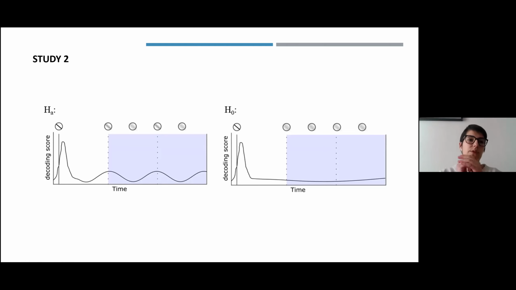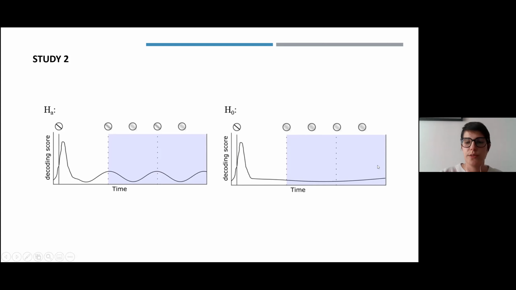And this is our hypothesis for temporal attention, basically related to rhythm temporal attention, compared to when you don't have any, you just wait for the stimulus to appear 3 seconds after. So you just see the stimulus there, and then 3 seconds later you have this bump in activity.